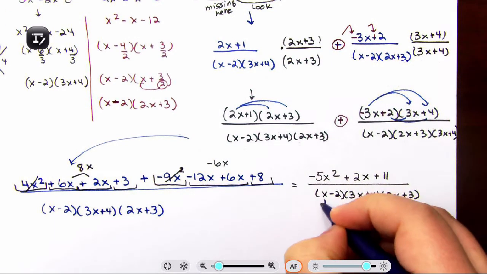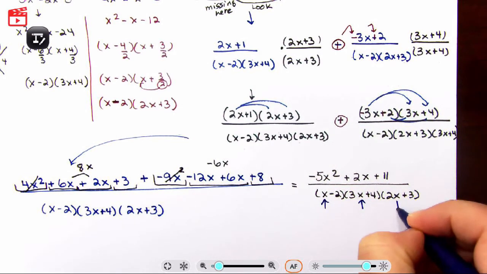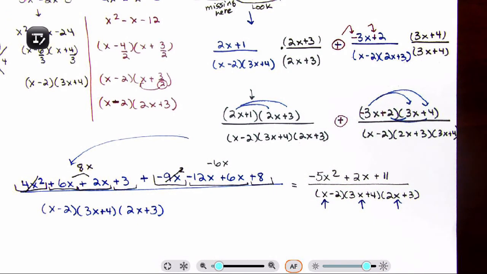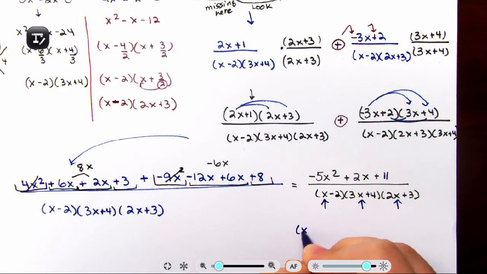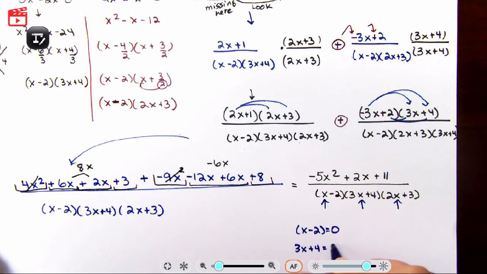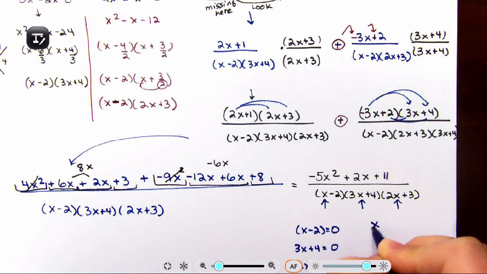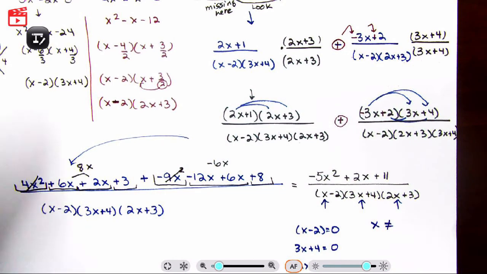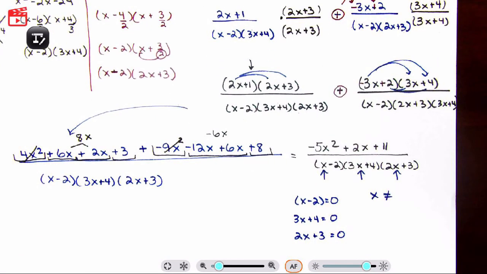And again, what you're doing is asking yourself, what does x have to be in order for that bubble to be 0? So in your head, you're doing x minus 2 is equal to 0, 3x plus 4 is equal to 0, and 2x plus 3 is equal to 0. That will tell you what x cannot be. You're solving for x, but you don't want zeros.